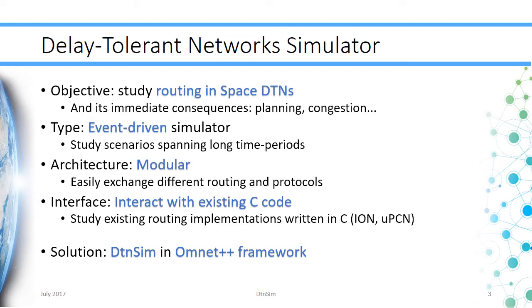The architecture of DtnSim should be modular. We should be able to exchange different routing and protocols. This is what our object of study is. The interface should be able to interact with existing C code.